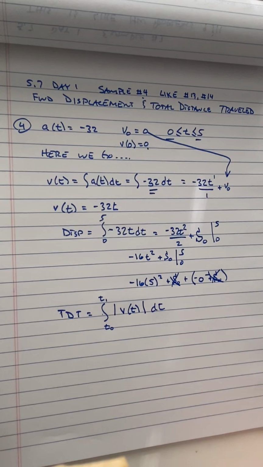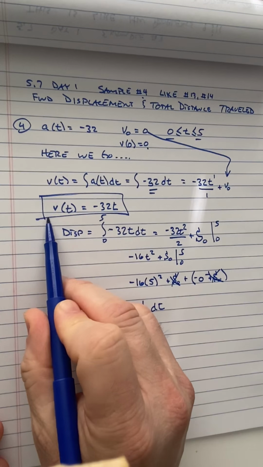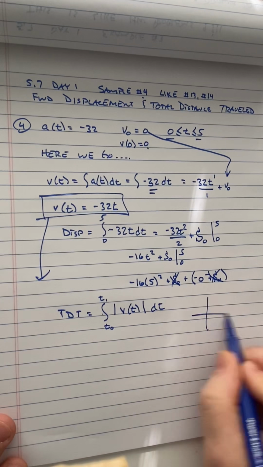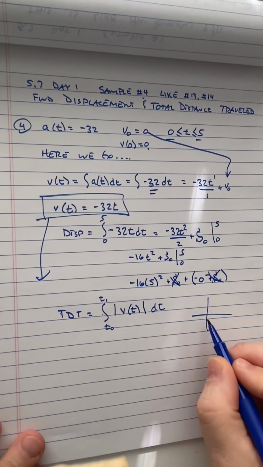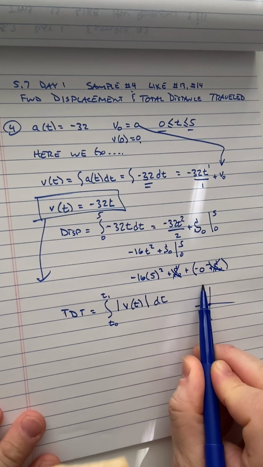So we've got the velocity function. We don't have to go and reinvent that. Plotting this velocity function, negative 32, that is the slope of this linear curve, and negative 32t, what does that look like? Well, it has one of these, and boy, that's steep.